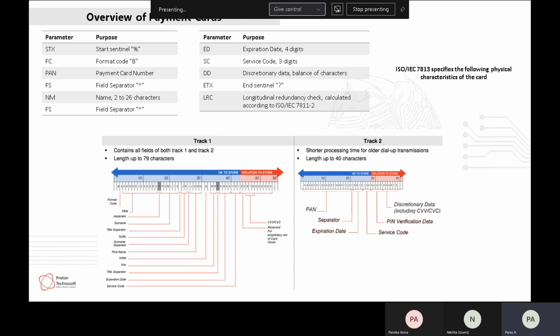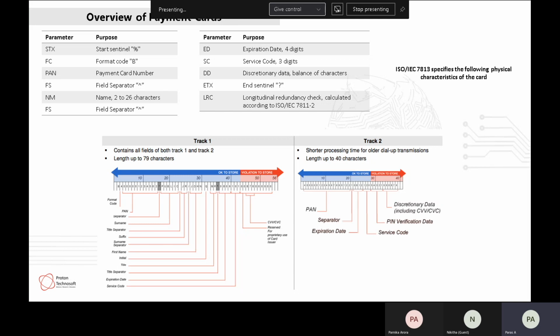Okay. Then we have track 2 data as well, which is shorter, 40 characters in length. Again, this data is on the black magnetic stripe itself. So along with track 1, the track 2 data is also stored there. This provides for a shorter processing time where we have the older dial-up connections. So rather than sending the 79 characters over the wire, if we need to speed up the transaction, we can use these 40 characters.